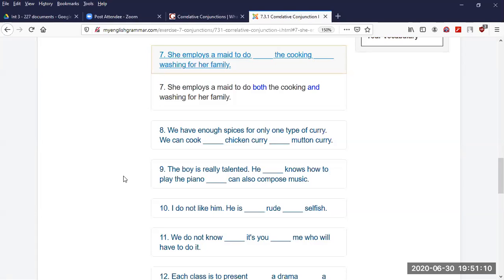We have enough spices for only one type of curry. Okay, one type of curry. We have a choice of two, chicken curry and mutton curry. So what are we going to use?